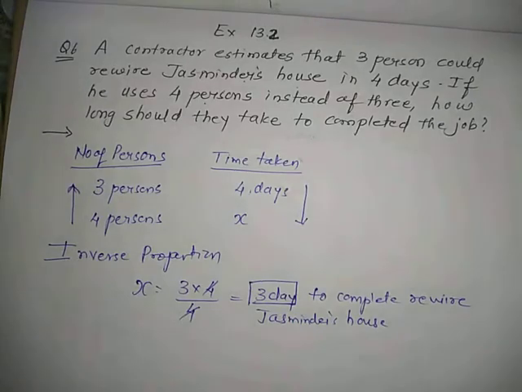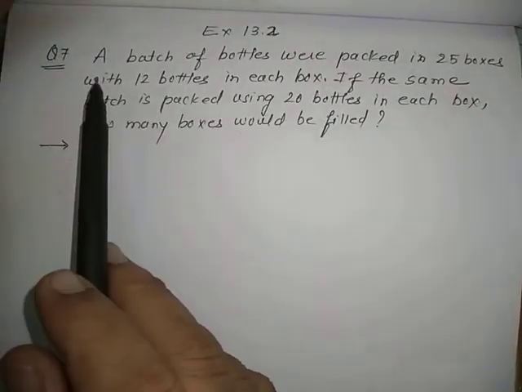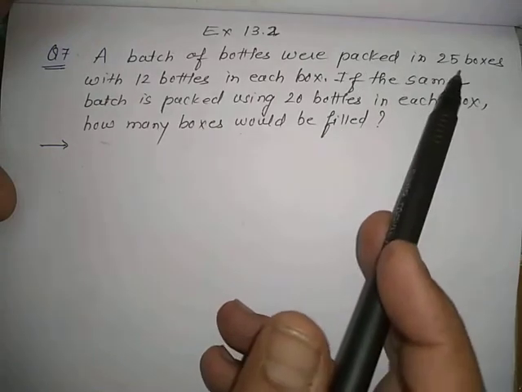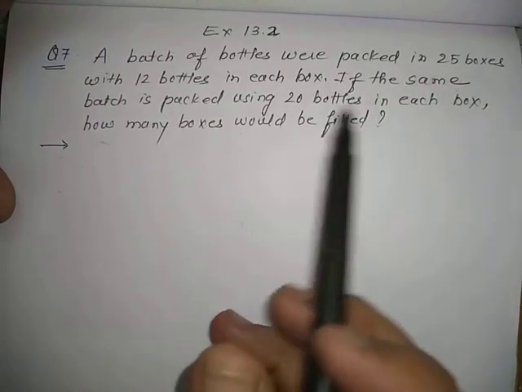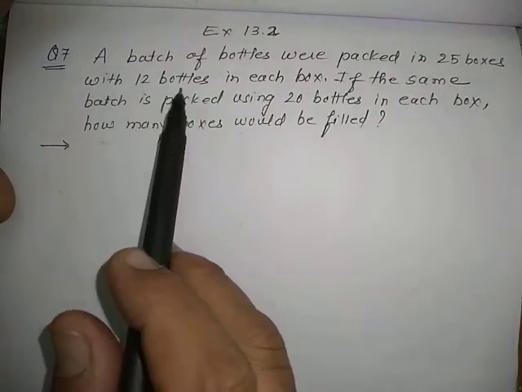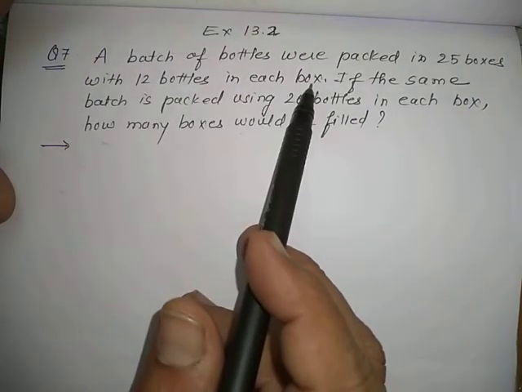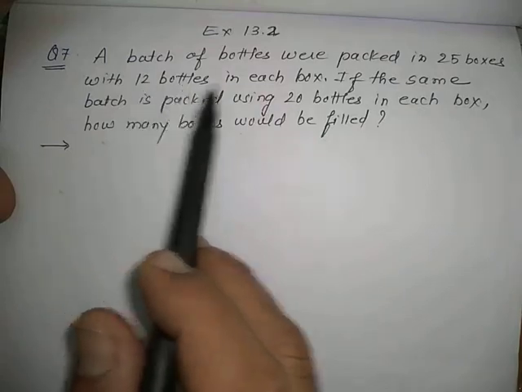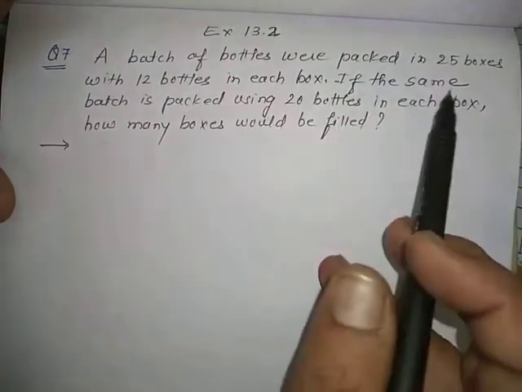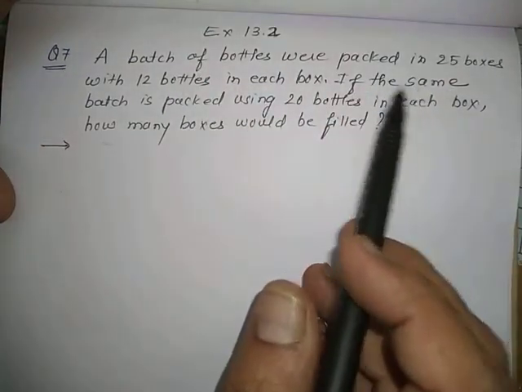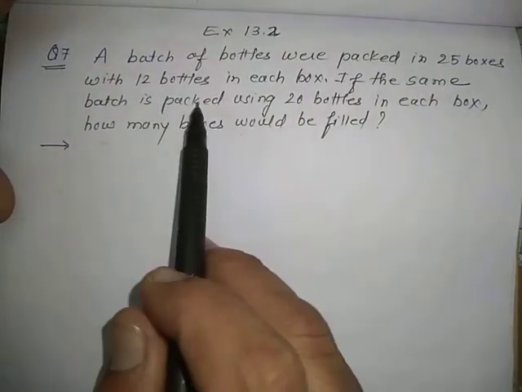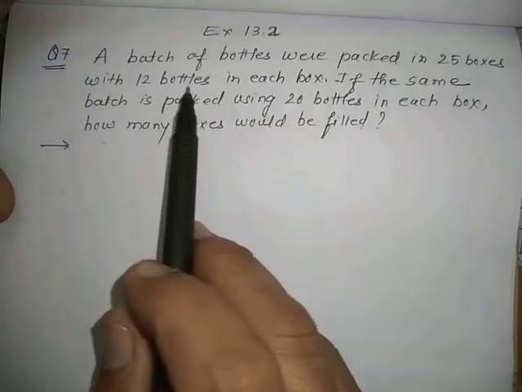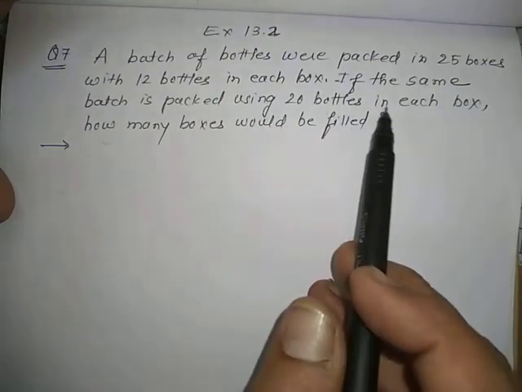Next question. Question 7. A batch of bottles were packed in 25 boxes with 12 bottles in each box. So 25 boxes and in each box 12 bottles are packed. If the same lot, whatever the number of bottles is, is packed using 20 bottles in each box, now in each box 20 bottles they are keeping.